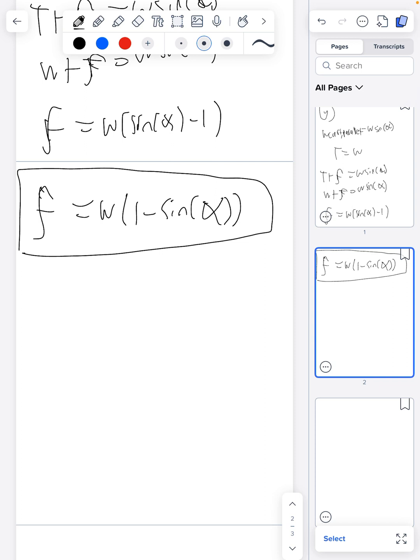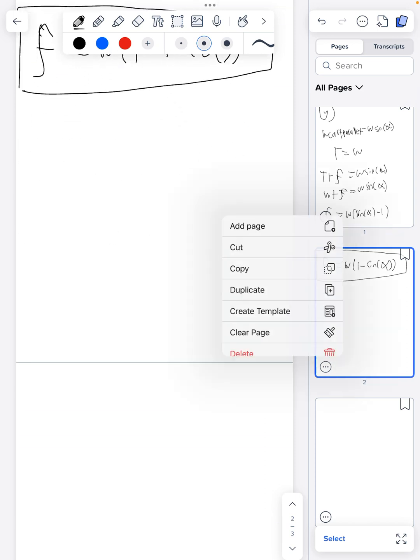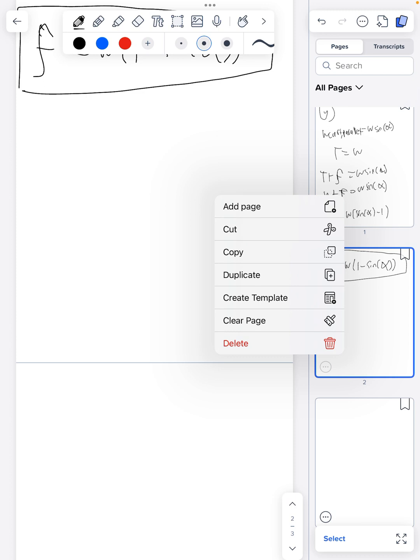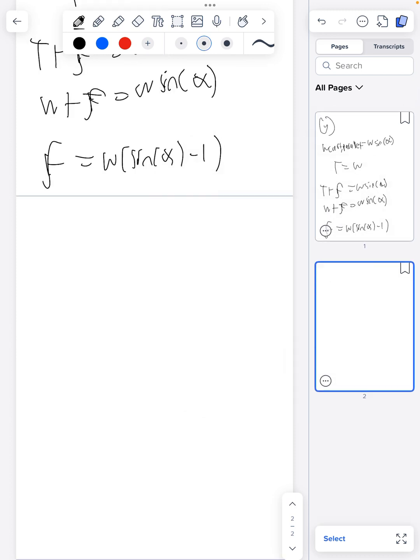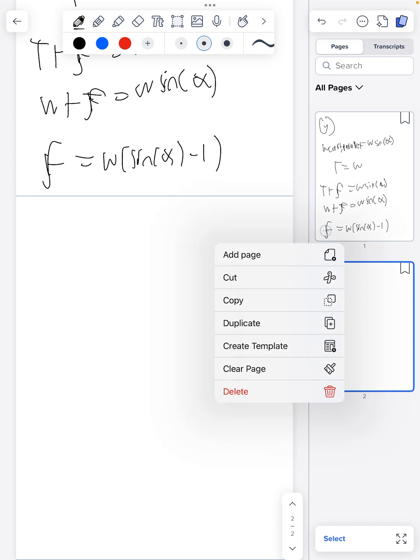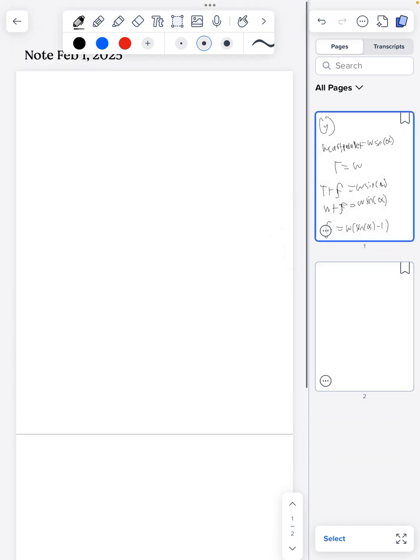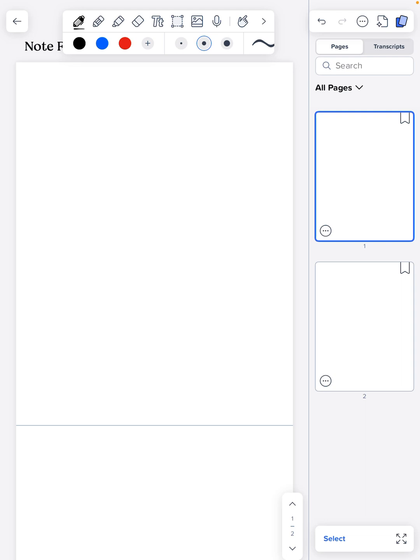Okay. So for part H, part H is asking us, is the friction force less than, greater than, or equal to W?